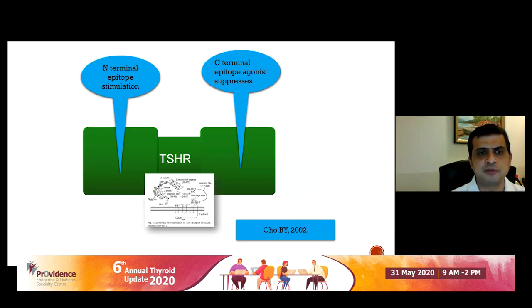So the TSH receptor antibody against, for example, the N terminal might result in stimulation of more thyroid hormone production, and it might signal thyrotoxicosis. But whenever the antibodies are produced against the C terminal, it suppresses. So the antibody against the C terminal will cause hypothyroidism. The normal TSH receptor antibody assay does not differentiate between a stimulating assay and a blocking assay. And it is also known that in people with Graves' disease, their antibodies can switch from stimulating to blocking unpredictably.